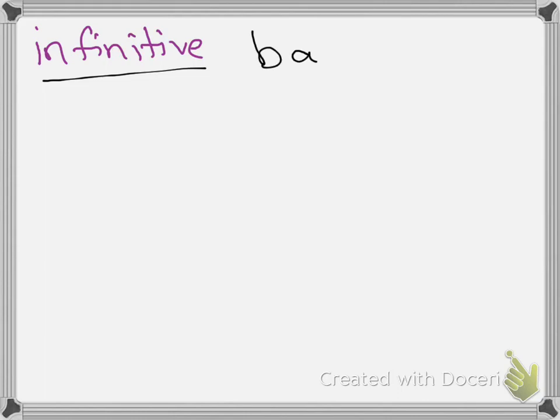So we're going to be talking about a few little terms here. And the first one is infinitive. Okay, or infinitivo. An infinitive is a verb that ends with an R in Spanish. Now, when you want to know how to say a verb, and you go to the dictionary and you look it up, you are going to find the infinitive of that verb. Okay, so let's go back to dance. We're going to say bailar. Bailar is an infinitive.